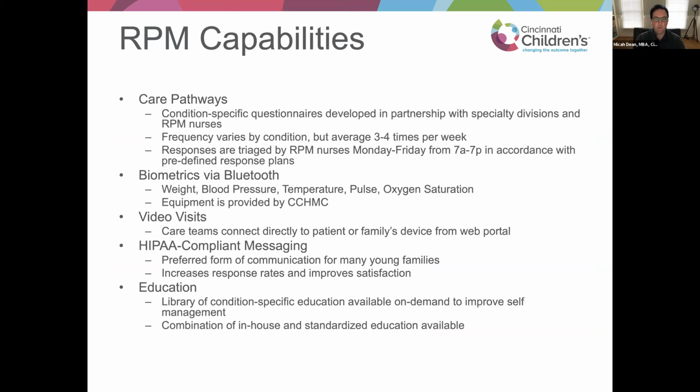So here, this is a lot of words on a slide, but I'm going to summarize it the best I can. This is basically just talking about the ways we use the tools available to us through remote monitoring to achieve the goals on that previous slide. So really, the meat of these programs is what we call care pathways, which are basically questionnaires that have branching logic built into them.